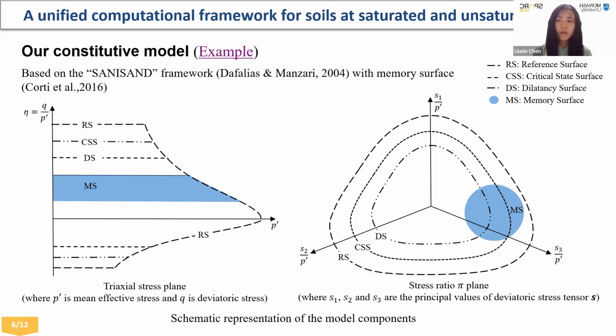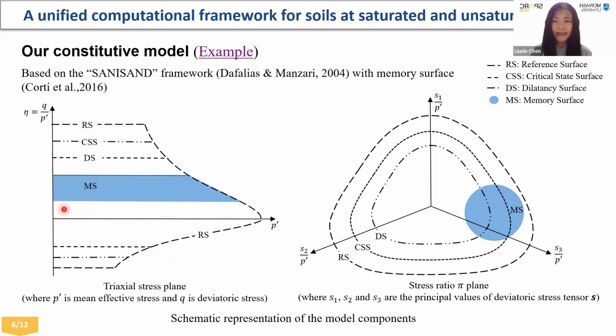The constitutive model is based on the SANISAND framework, which captures the fundamental role of stress ratio in controlling granular soil behavior. Stress ratio here is defined as the deviatoric stress divided by mean effective stress p'. These two figures show the schematic representation of the model components.